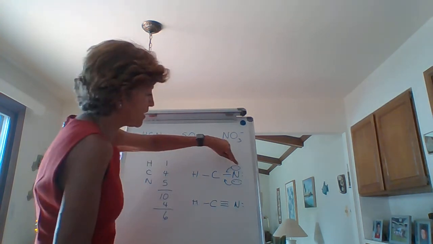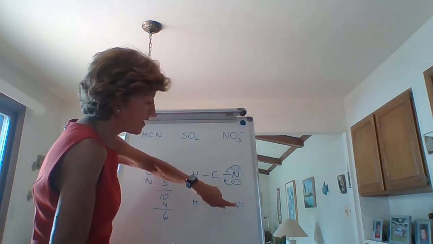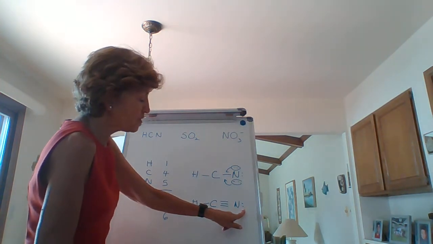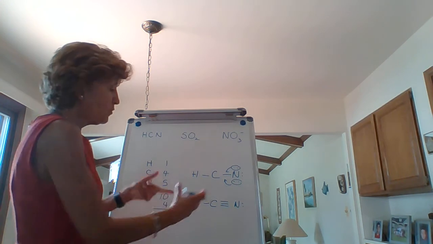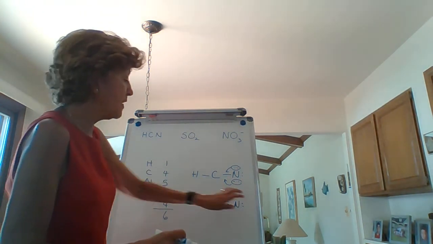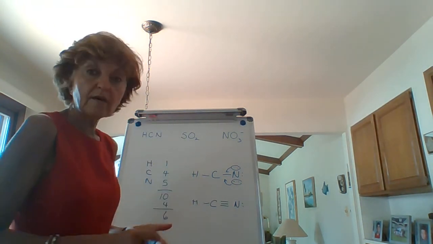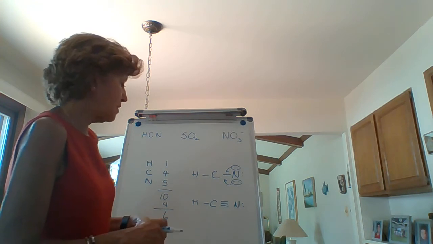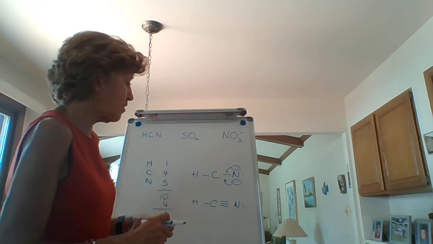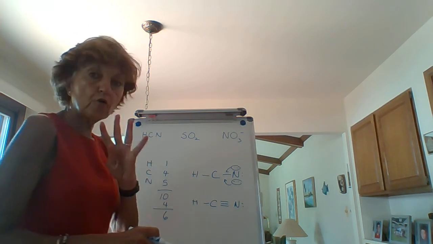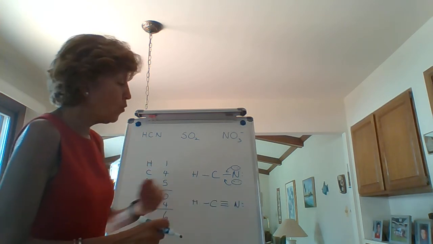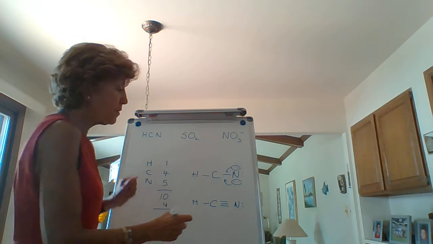Notice what I did. I erased this and erased this. So now this nitrogen has this non-bonding pair and these 3 bonding pairs. So this is perfect. This has 8, 8, 2. Every atom in this molecule has an octet. It has 1, 2, 3, 4 bonding pairs, 1 non-bonding pair.